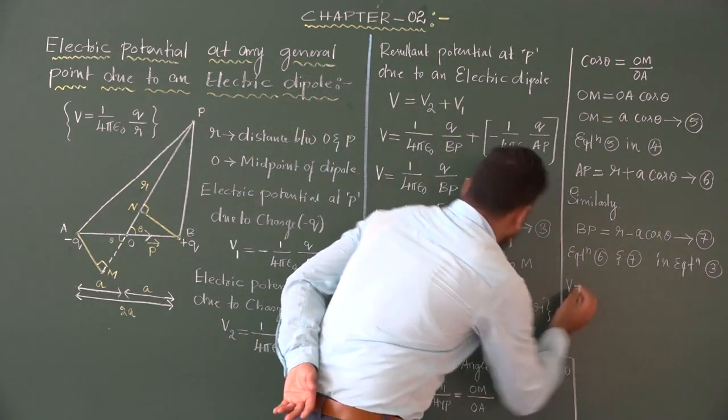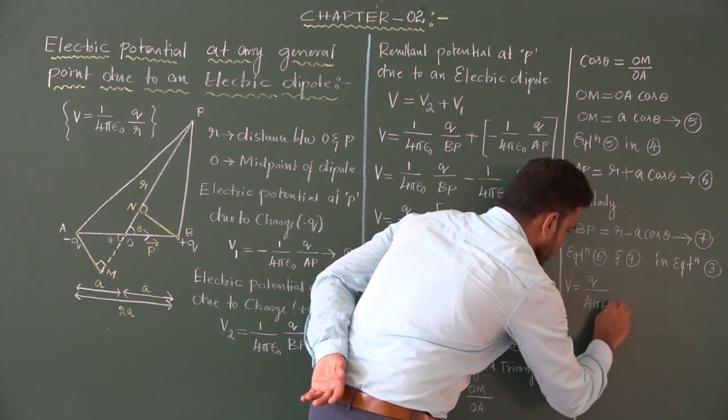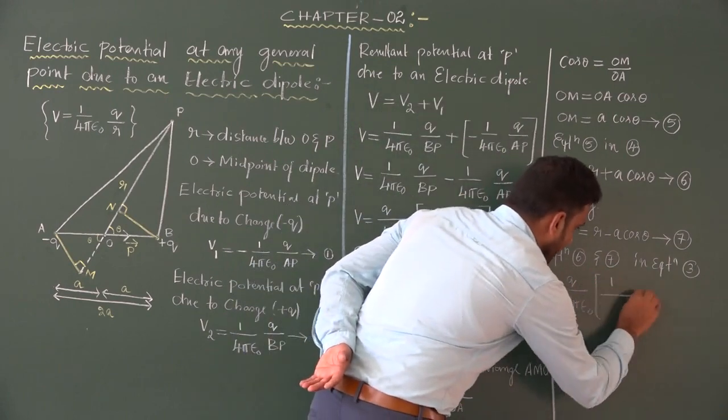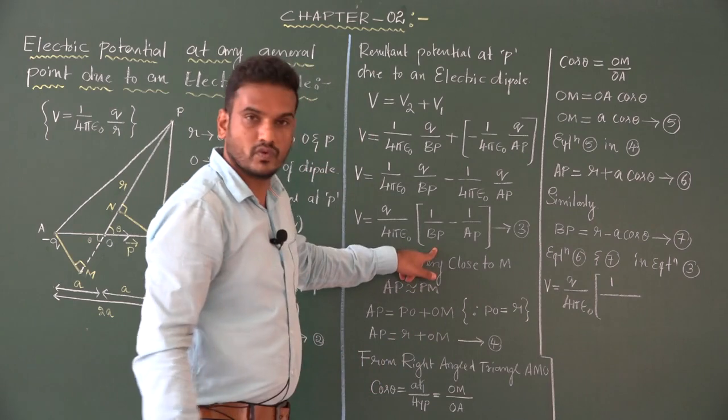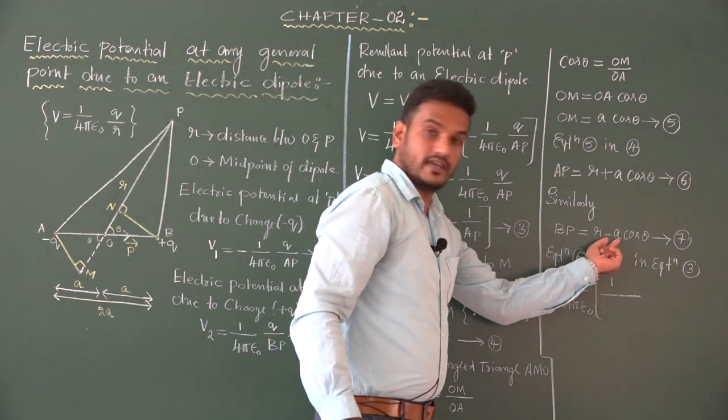So V is equal to Q divided by 4 pi epsilon naught within a bracket 1 divided by BP. Look at this, 1 divided by BP. What is BP? We have R minus a cos theta.